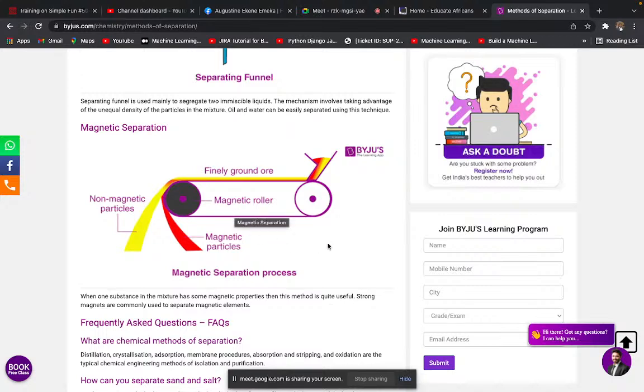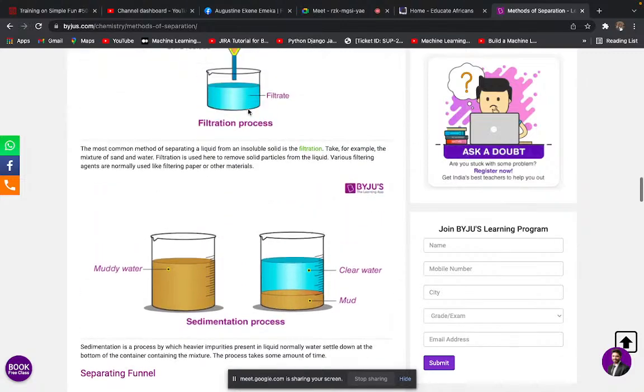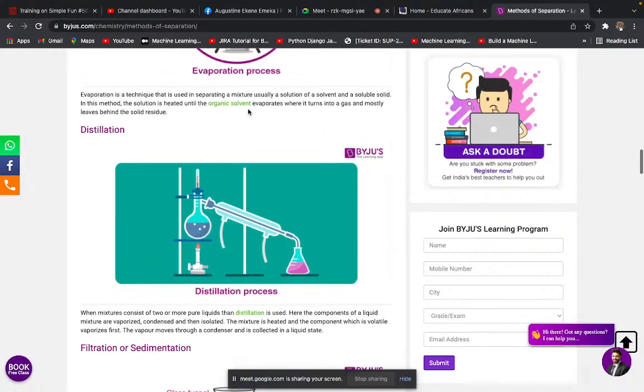So whenever you want to separate things that have iron in them, you can use magnetic separation, because iron can be magnetized. Let's say you want to separate iron from stone. You know that stone is not magnetic, but iron is magnetic. So the magnet is going to take the iron and leave the stone for you. That's separation. So those are the various separation techniques that we have.